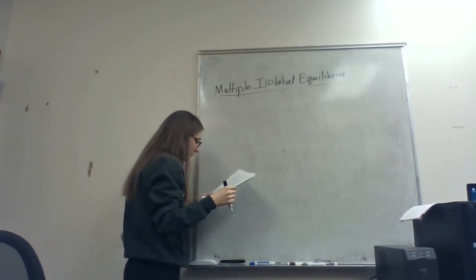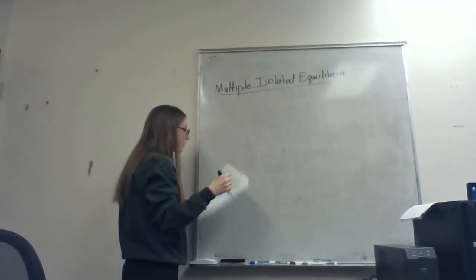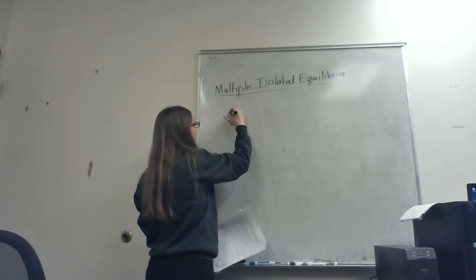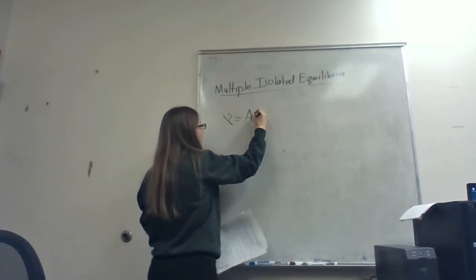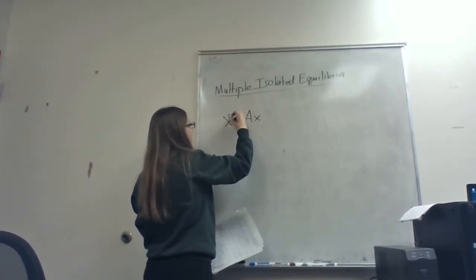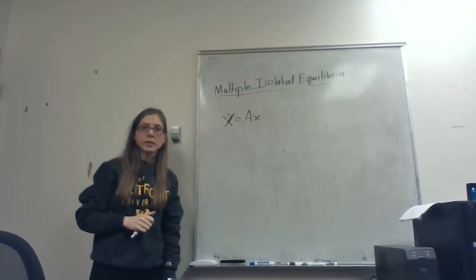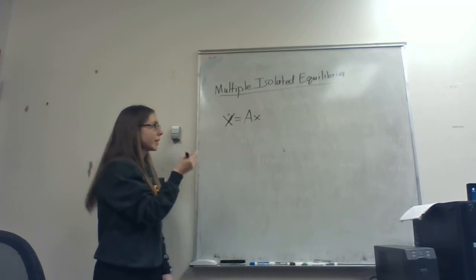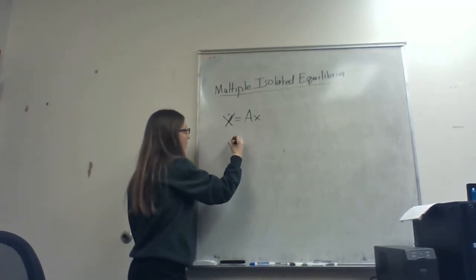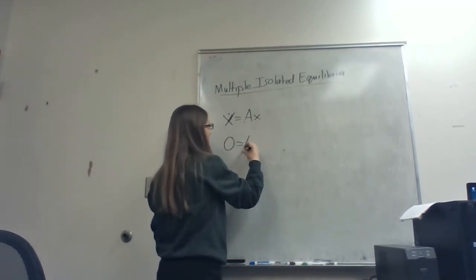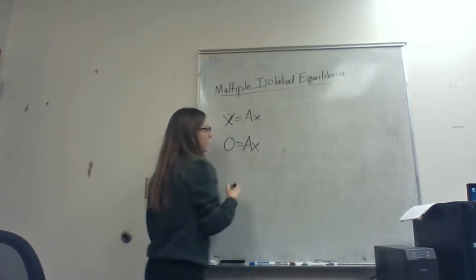Consider for a minute this system x dot equals Ax. Let's talk about what happens here. If you want to find equilibria, that's steady states. To find the steady states, you get 0 equals Ax, because x dot is 0 at the steady state.